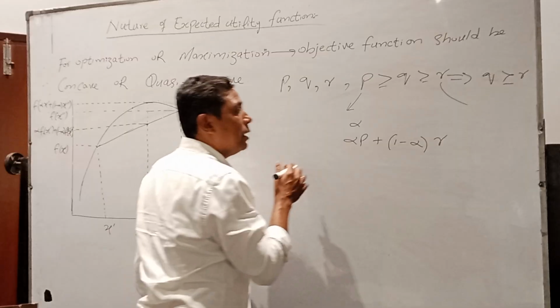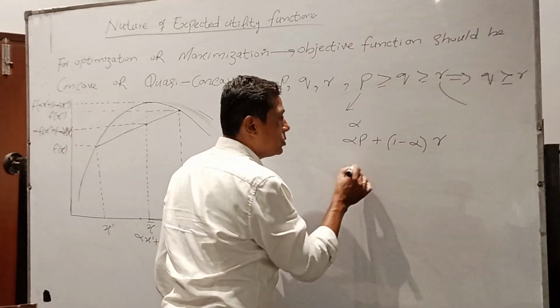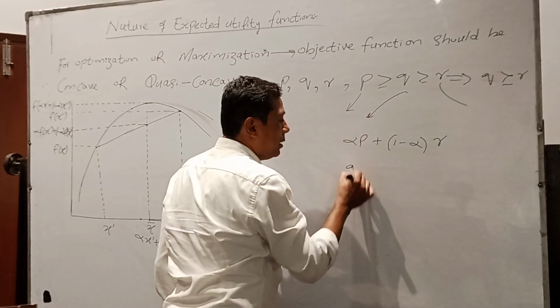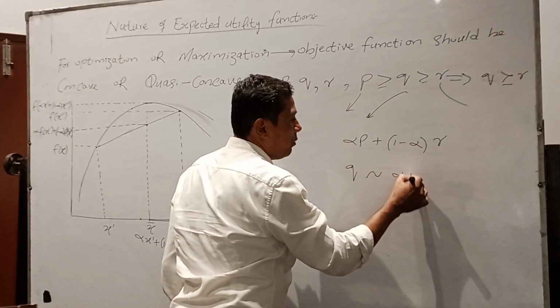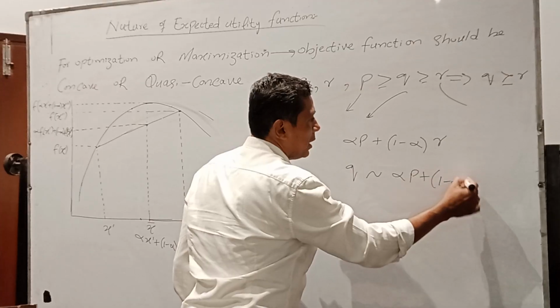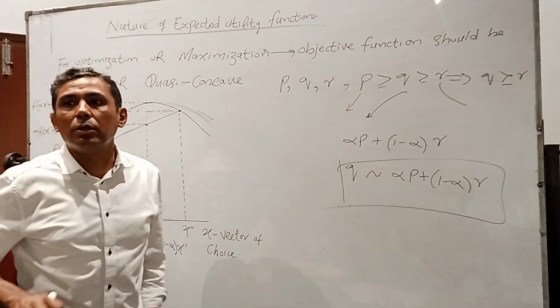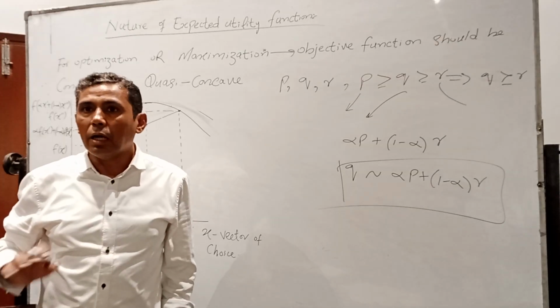And if it is the linear combination, it means you should be indifferent between alpha p plus 1 minus alpha r. That was the continuity assumption. Clear? That was the assumption.